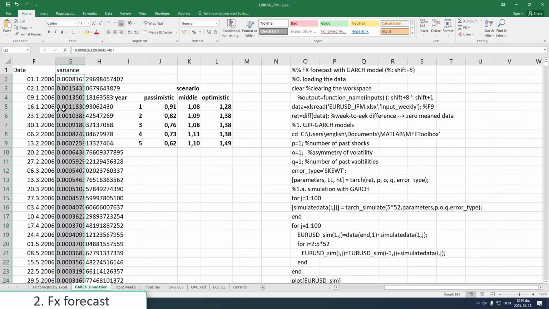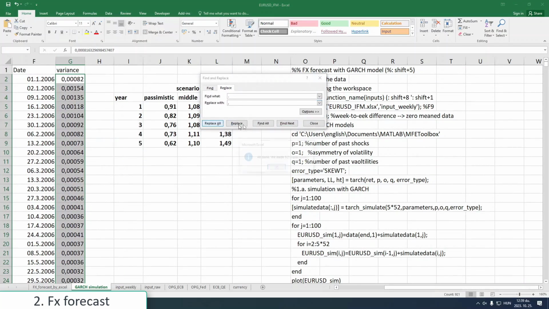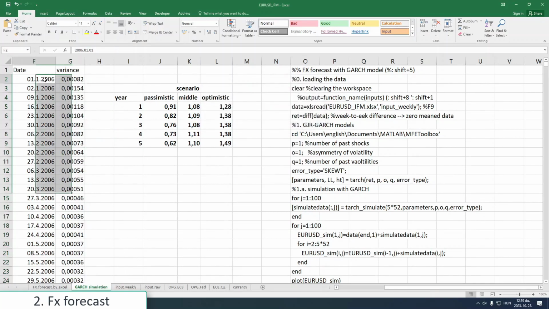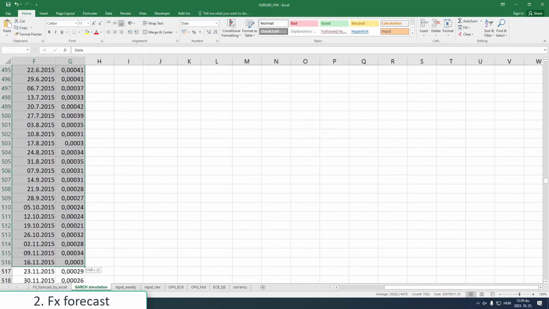Yes, now it's appropriate. Decimal points, decimal commas, and we are losing 1 day or 1 week of data because of the differentiation, and now we can have everything.